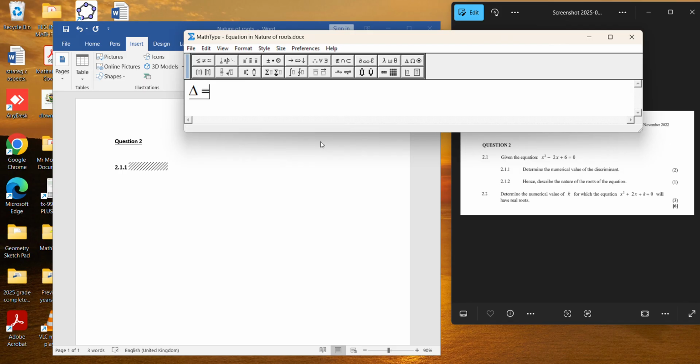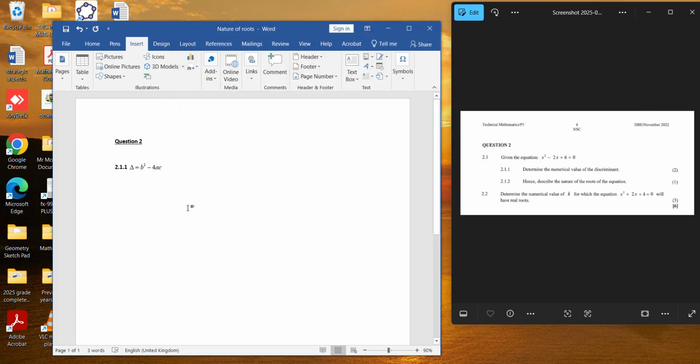Delta is equal to b squared minus 4ac. That is the overview equation of the discriminant. It says delta is equal to b squared minus 4ac.